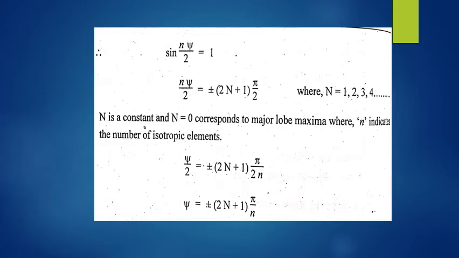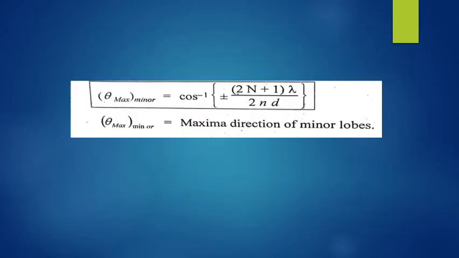Now n psi by 2 is equal to plus or minus 2N plus 1 into pi by 2, so psi is equal to plus or minus 2N plus 1 into pi by n. From this we can find theta max for the minor lobe, that is equal to cos inverse of plus or minus 2N plus 1 into lambda divided by 2nd. So this is the maximum direction of the minor lobes.